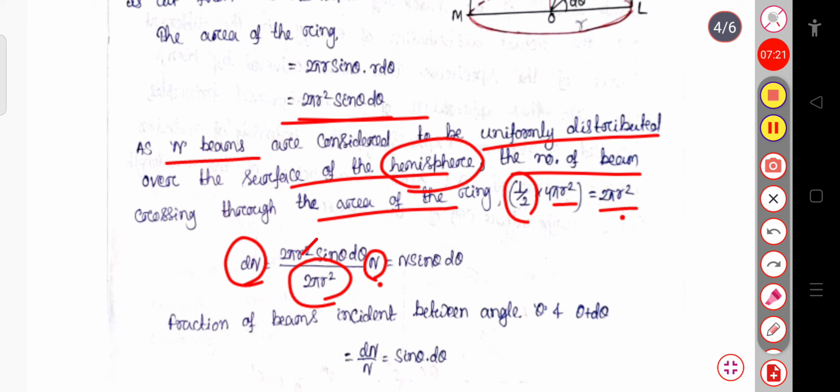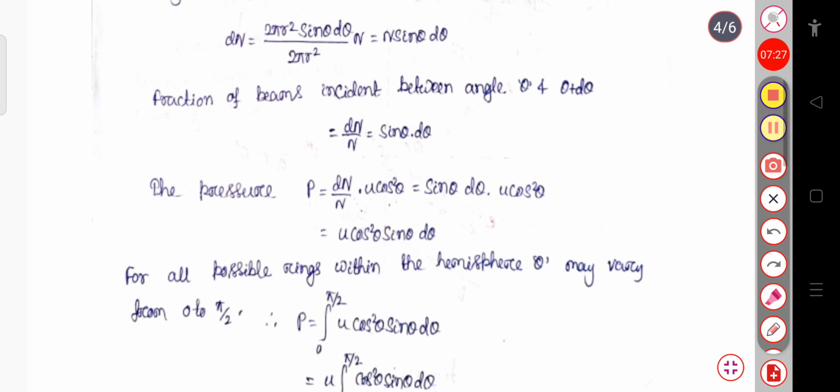By cancelling 2 pi r square, the remaining will be n sin theta d theta. The fraction of beams incident between angle theta and theta plus d theta will be dn divided by n, so by dividing by n, that will be sin theta d theta.